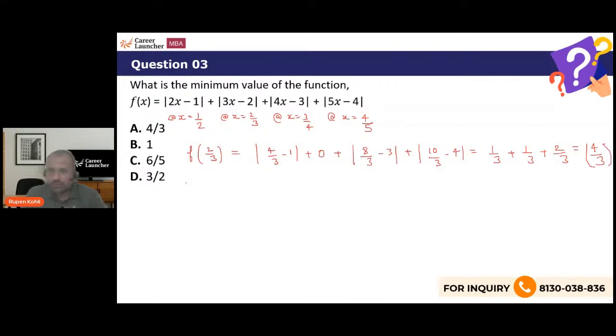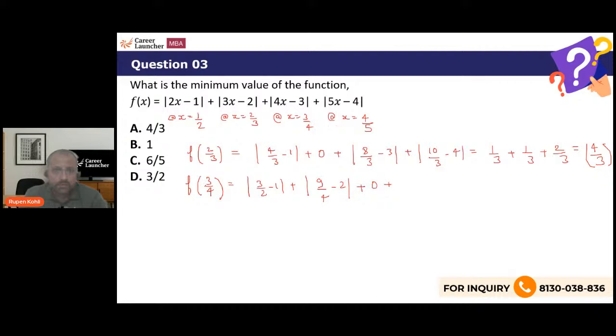But we should not just jump to mark that answer, because we have to decide between 2 by 3 and 3 by 4. Whichever is the least will be the minimum value. F of 3 by 4 is: 2 into 3 by 4, so 3 by 2 minus 1. Then 3 into 3 by 4, 9 by 4 minus 2. The third term is 0.